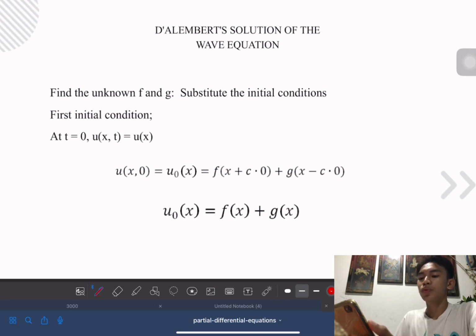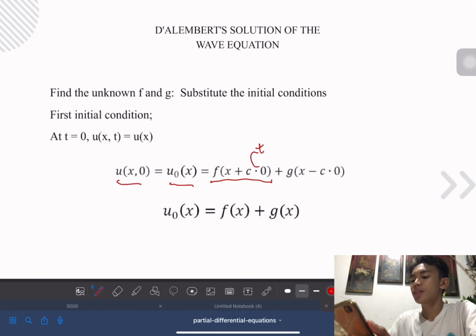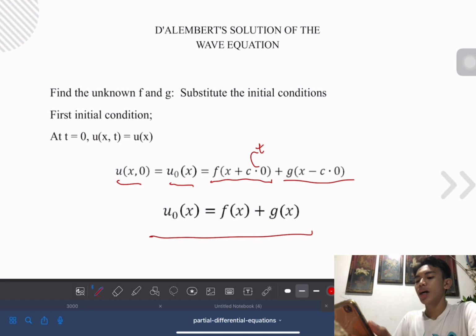First, substituting the first initial condition, at t is equal to 0, u of x, 0 is equal to u sub 0 of x is equal to f of x plus c times 0, where we substitute t with 0, plus g of x minus c times 0. So we come up with this formula, u sub 0 of x equals f of x plus g of x. And we label this as equation 1.